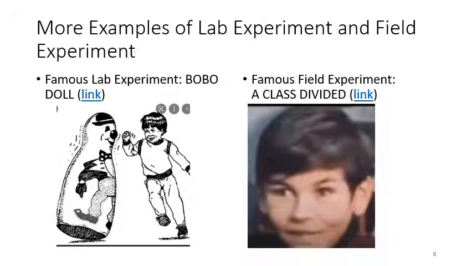And this was a lab experiment because the whole situation was set up and it took place in a controlled setting. And A Class Divided is another excellent experiment that you should watch. It's a field experiment because this took place with a teacher and her children in an actual classroom, so in a natural setting. And so this is another study you should watch.